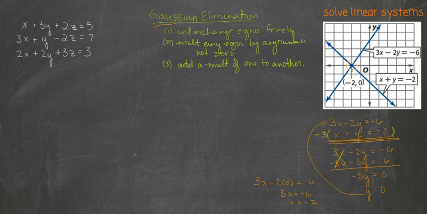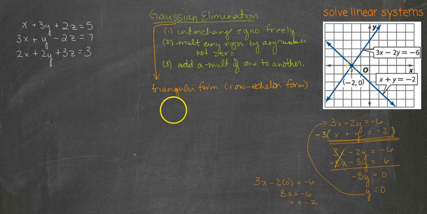And bear in mind that the goal is to get the whole thing in triangular form. And you'll see in a minute what that is. It's also called row echelon form. But that's more specifically related to matrices, which we'll do in a little while.